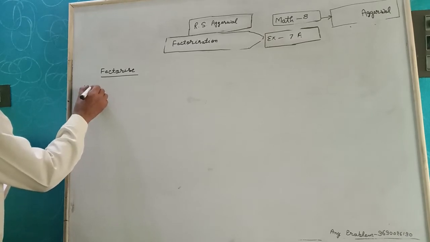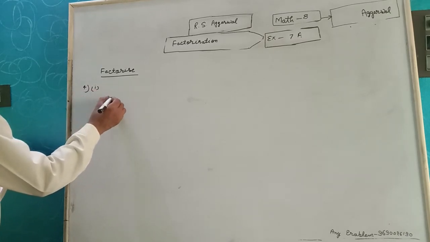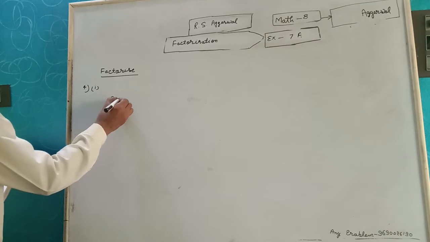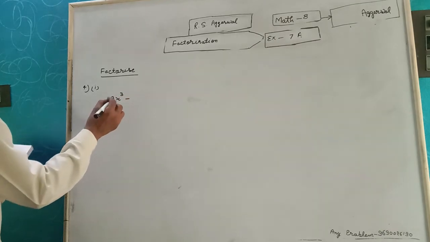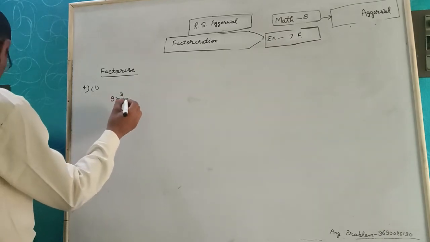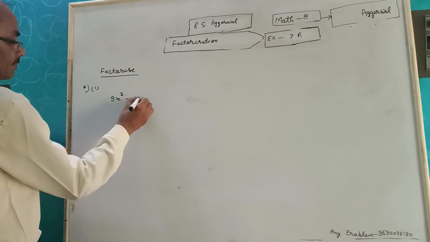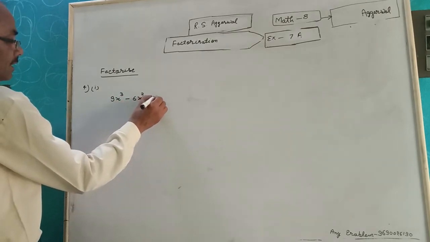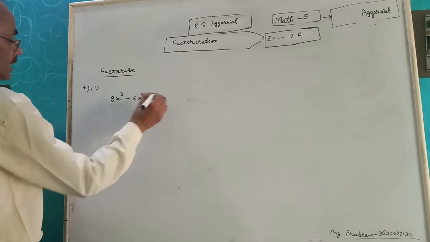Question number 4. First part is 9x cube minus 6x square plus 12x.